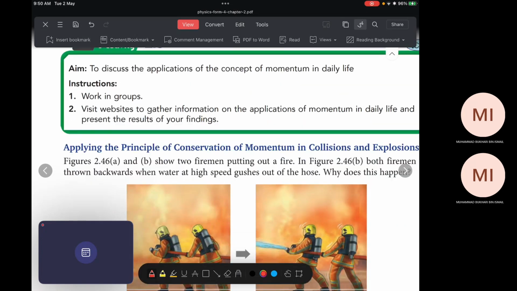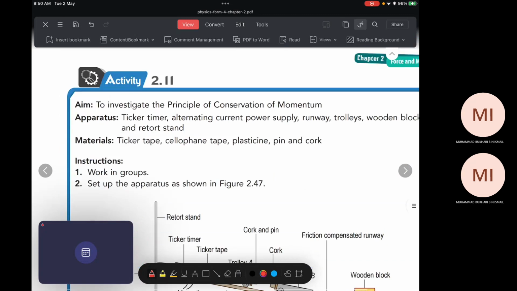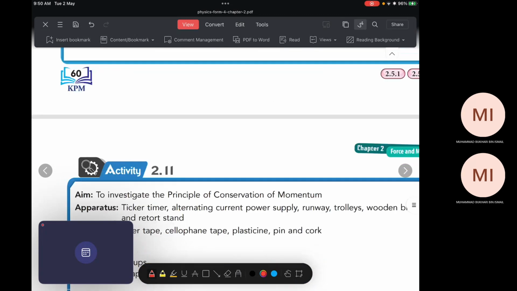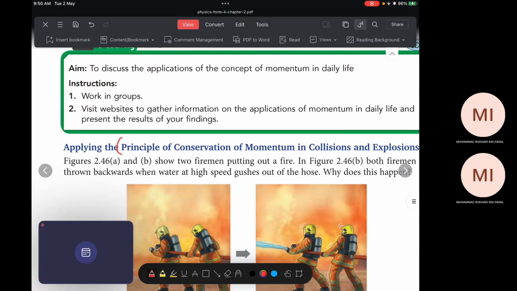Okay, the next thing we want to see is principle of conservation of momentum. Ini kita kena belajar. You must focus on this one. Apa maksud conservation? Conserve maknanya the value of momentum is not changed. Nilai dia tidak berubah.